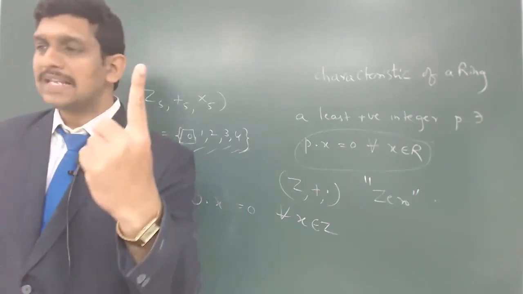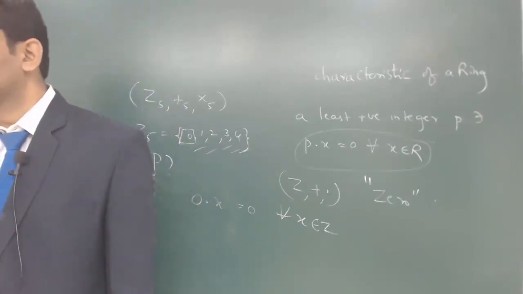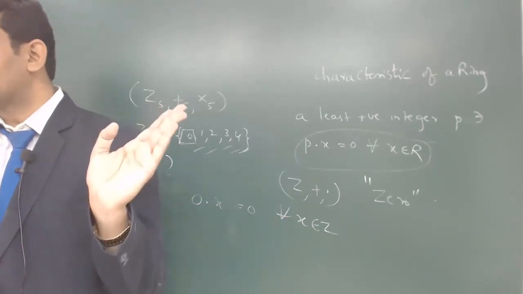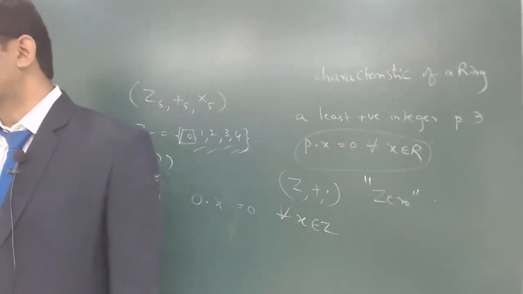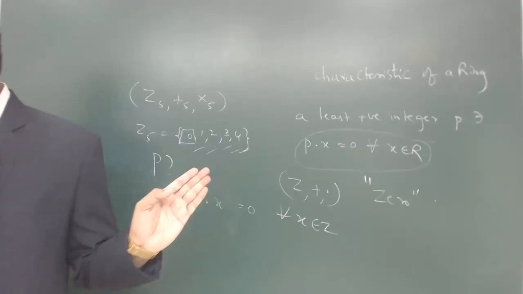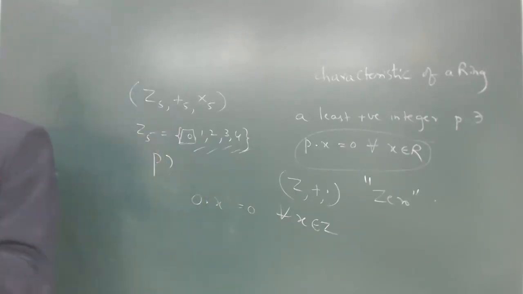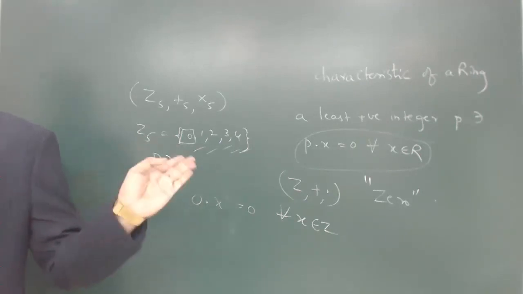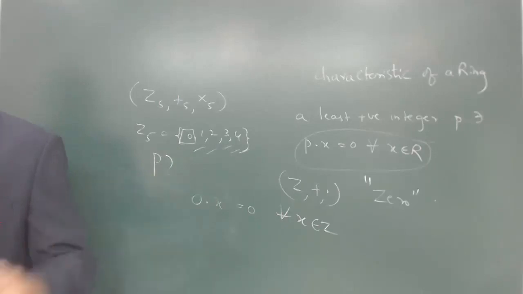Can you say that 1 is the characteristic? Is 1 into x equal to 0 in that set with respect to multiplication modulo 5? No. Is it 2? 2 into anything gives 0? No. Similarly, 3 into anything, 4 into anything or 5 into anything, please check. Whatever the x value you take in the set, you should get 0 on multiplying with that number.